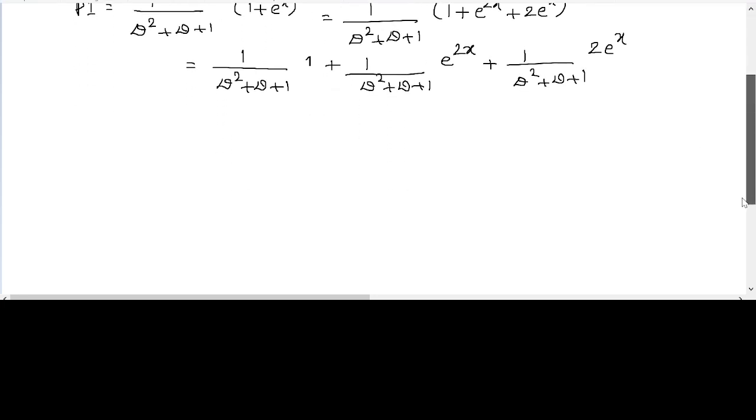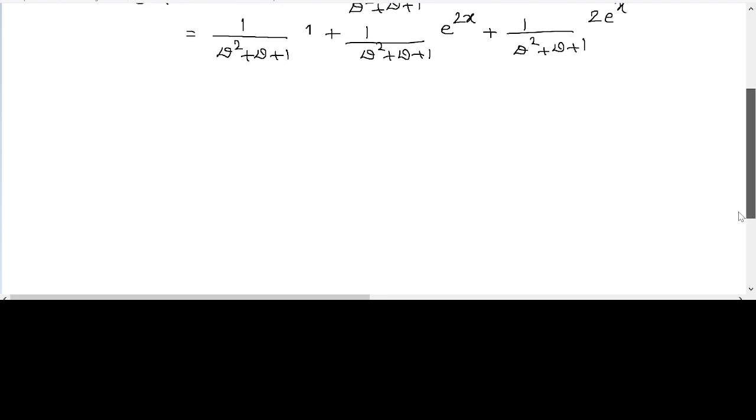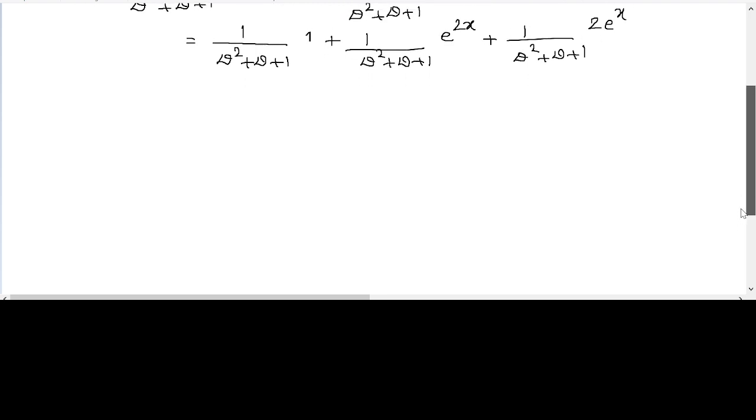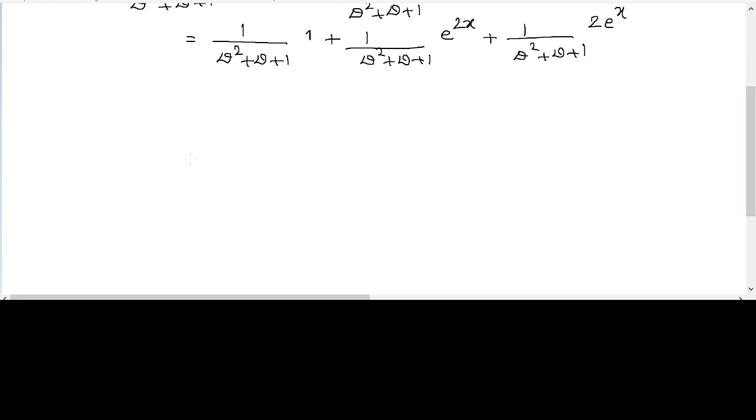Now using the first case of particular integral, we need to replace D by a, D square by a square and so on, right? So for that, in the first term, it is 1. So 1 can be taken as 1 into e to the power of 0x, where D is replaced by a, which is 0. Okay. So thereby we can write here the answer as 1. In the second term, the value of a is equal to 2.